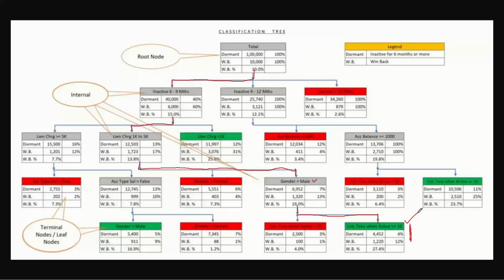I'm just reading the conditions which are given here. If these conditions are met and you target such customers, you are likely to get 27.4% conversion. So this is how the classification tree rules are given.